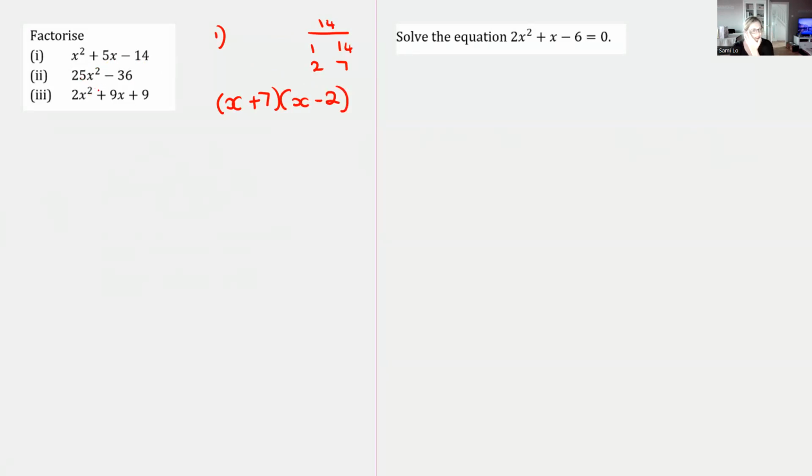The second question is the difference of 2 squares. This is because it hasn't got a middle part, and you'll see that there are 2 square numbers appearing. It's nicer than it looks. We know 5 times 5 gives us 25, and 6 times 6 gives us 36.